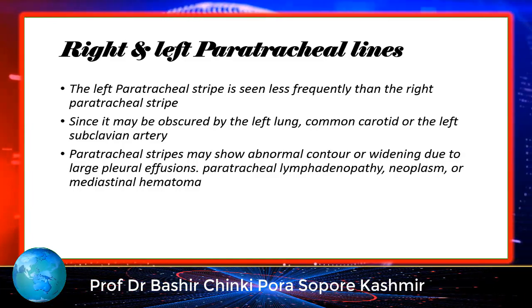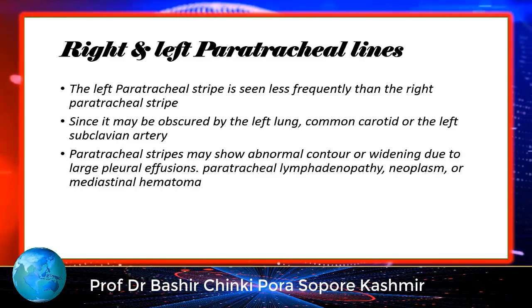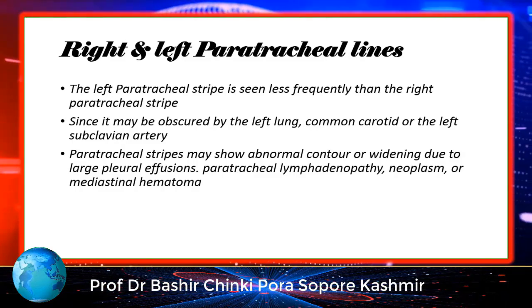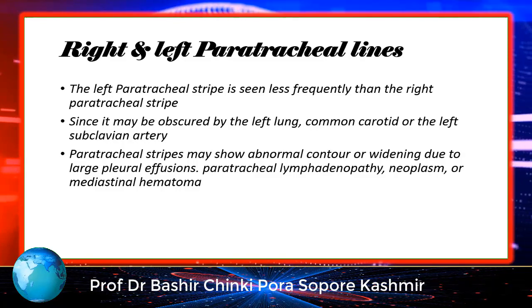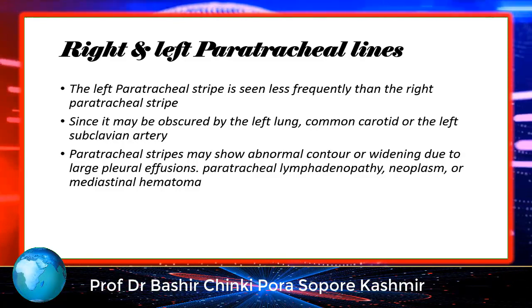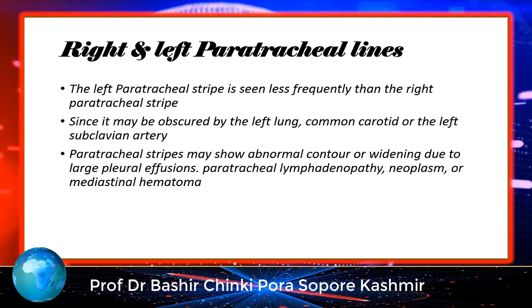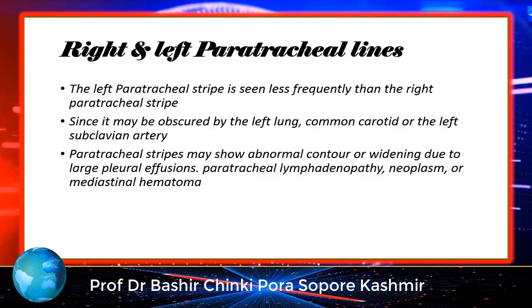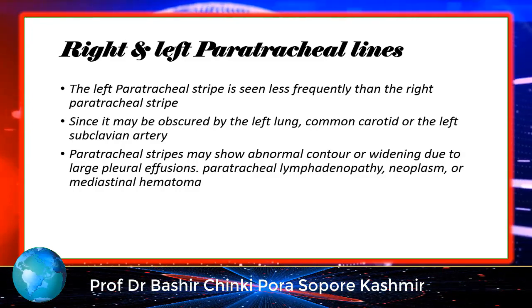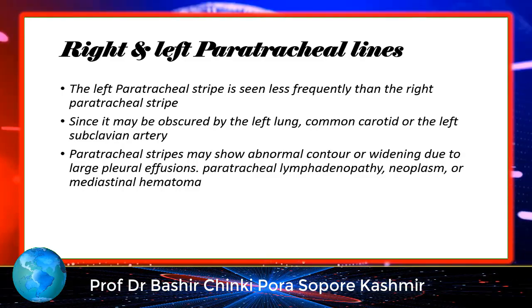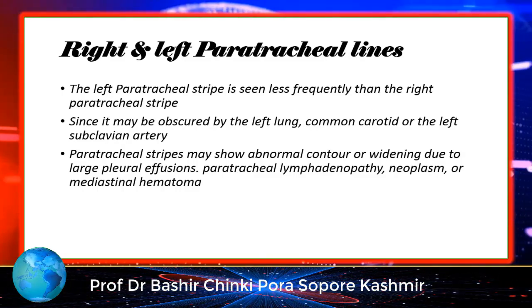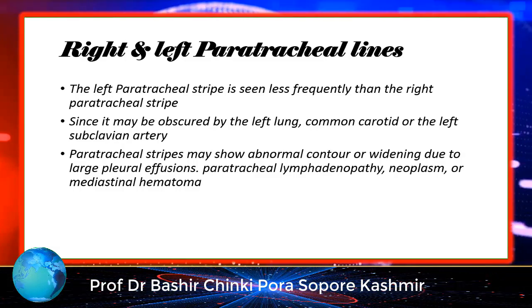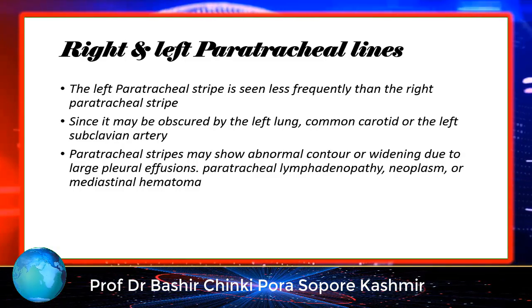I just showed in the previous radiograph the position of the left subclavian artery. So this left paratracheal opacity, which is a linear opacity, may be obscured by the left subclavian artery, common carotid artery, or the left lung. That is why we don't see it often.